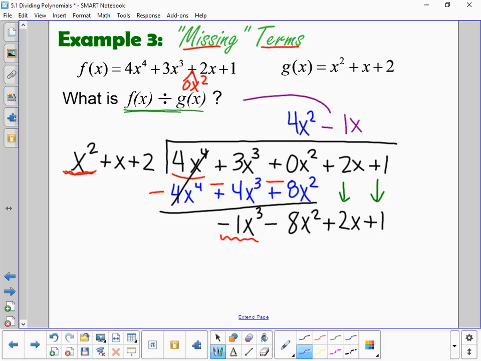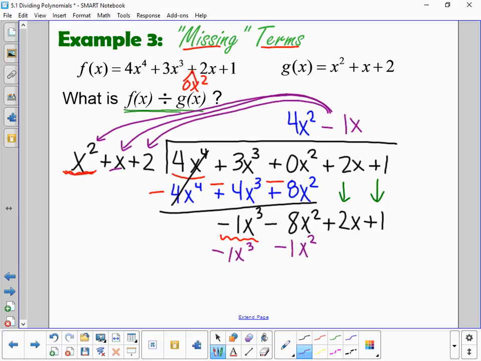This time, as we're at the very beginning of learning this, I just want to show you that you do need to remember that. So this negative 1x multiplies by the x squared. That's a negative 1x to the third. It multiplies by this middle term, an x, so that's a negative 1x squared. And the negative 1x multiplies by 2 for a negative 2x.